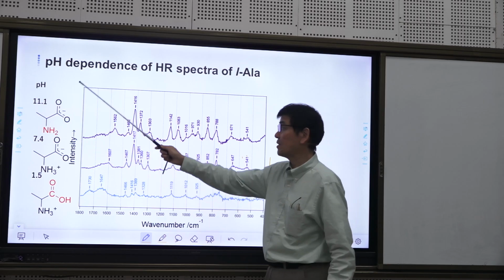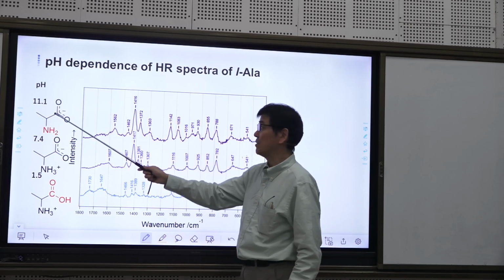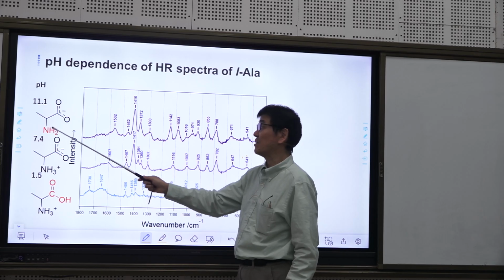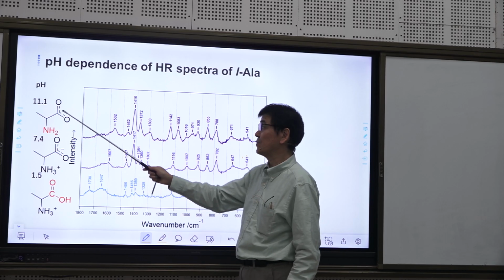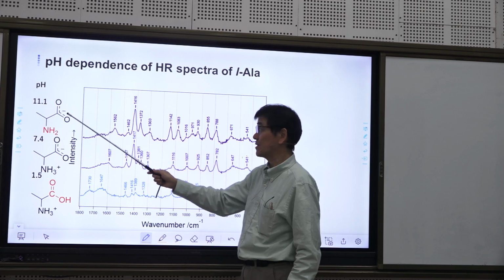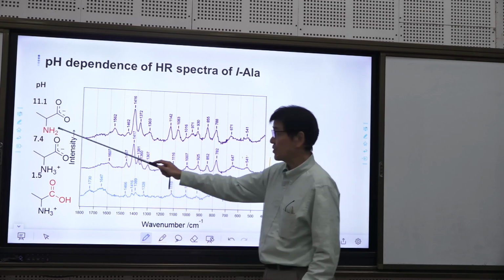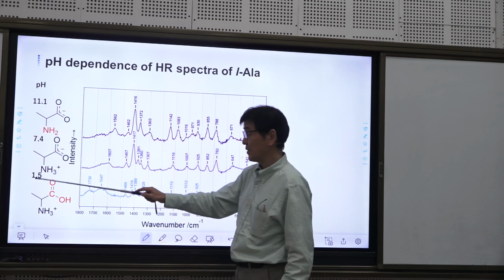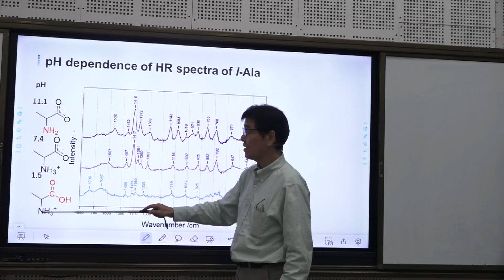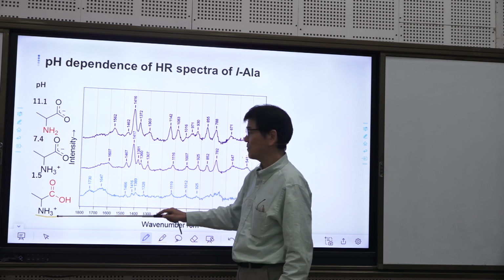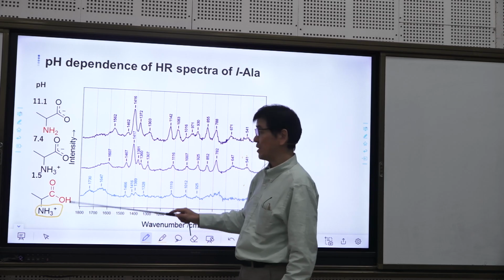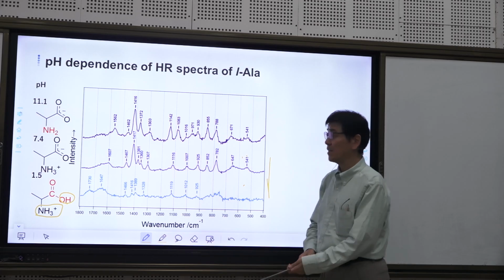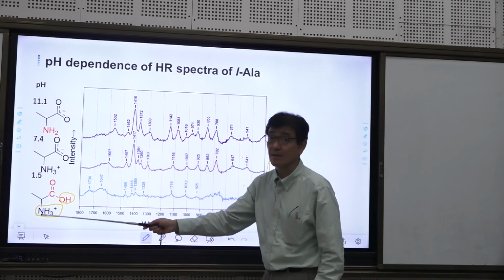At basic conditions, the amino group must exist as NH2, and the carboxyl group must exist as COO minus. And at neutral pH, it must be the zwitterionic form. At pH 1.5, the amino group is expected to be protonated, and the carboxyl group is also protonated. This is an expectation and an already accepted idea.